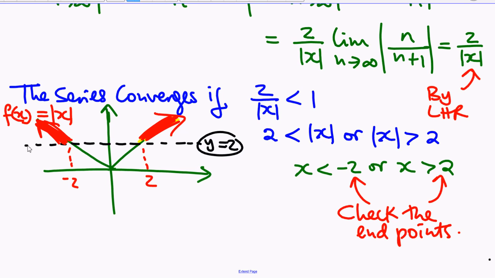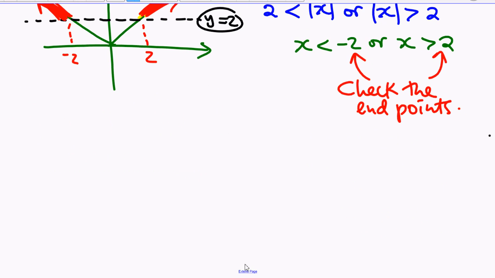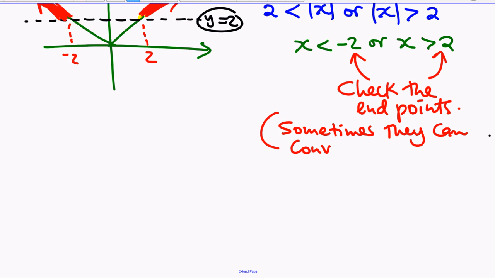So sometimes the endpoints can converge, so we need to find out. We need to check. How do we check? By just plugging in those endpoints.